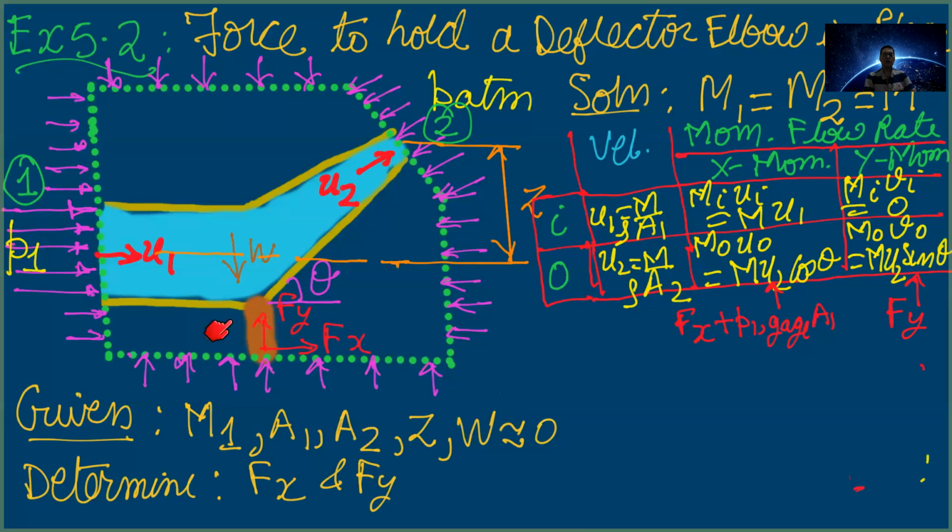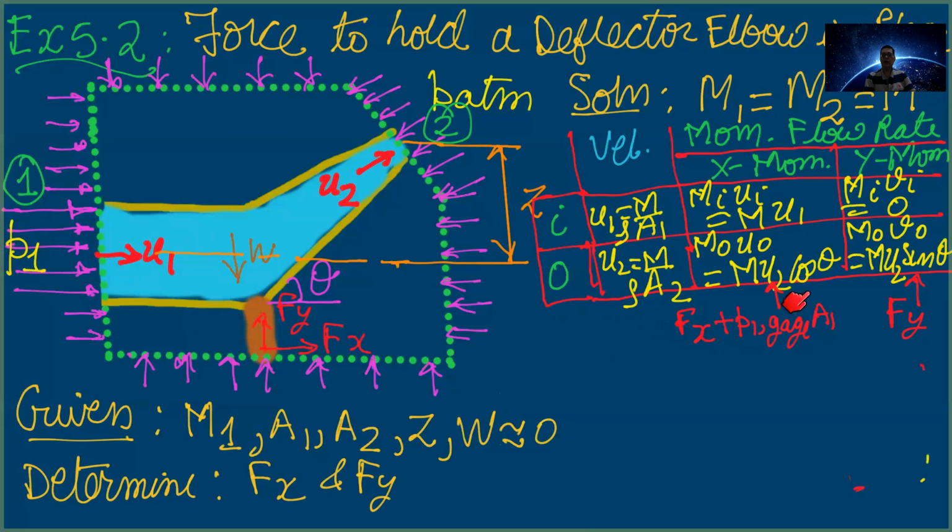So the external force consists not only of Fx but also of the gauge pressure P1 gauge multiplied by A1. This also acts in the positive x direction, so the net external force in the positive x direction is Fx plus P1 gauge times A1.